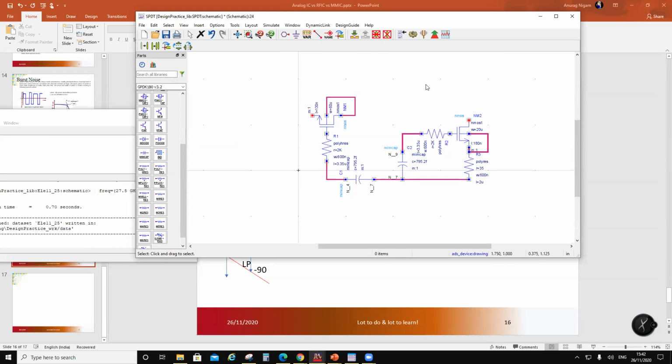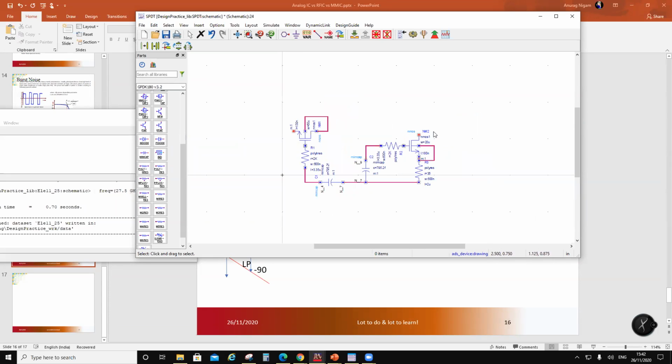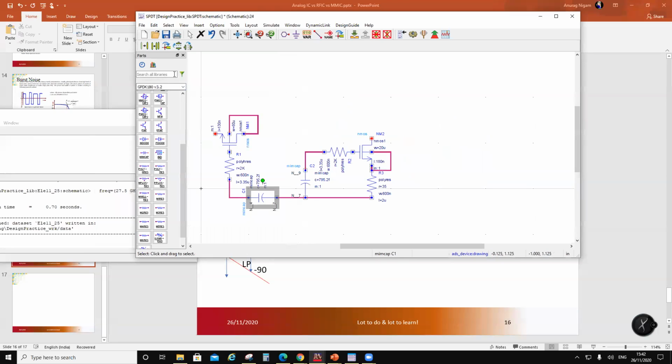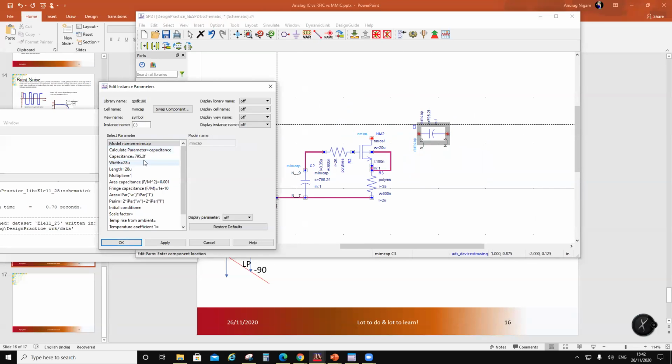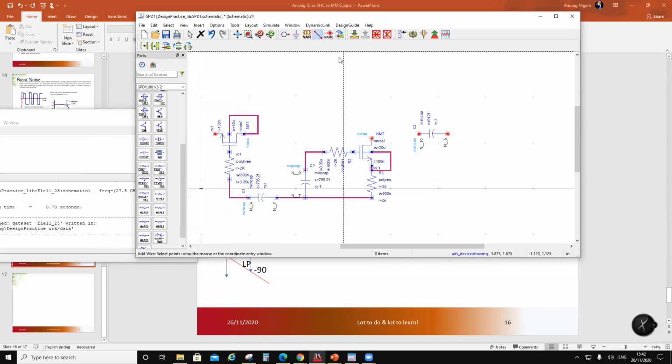And then I need another coupling capacitor, so I can copy this capacitor. This would be a coupling capacitor over here, and this capacitance value I can take still way up. So let's say this is going to be 30.